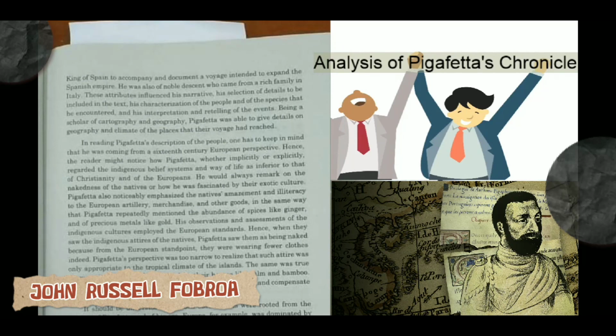These attributes influence his narrative, his selection of details to be included in the text, his characterization of people and of the species that he encountered, and his interpretation and retelling of the events. Being a scholar of cartography and geography, Pigafetta was able to give detail on geography and climate of the places that their voyage had reached.